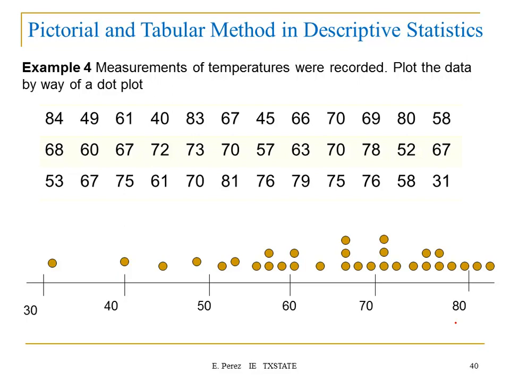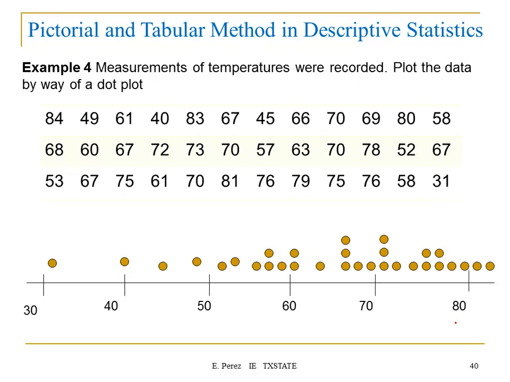Once you have that length, you can divide your line into different sizes. In this case, I'm using 10. So each 10 units, I'm having a value. And then you basically go unit by unit and plot the dot onto your line.